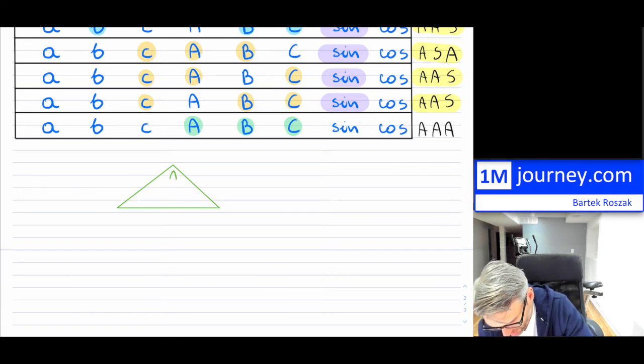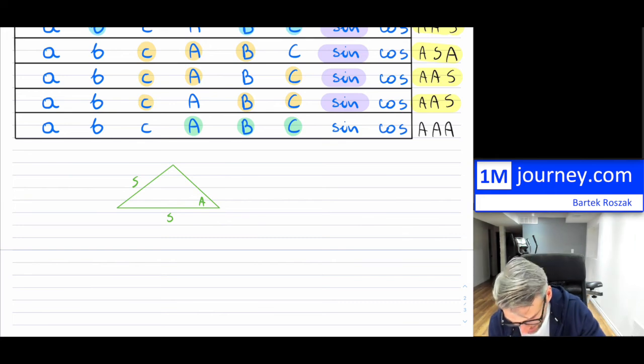So if this angle is given, then maybe this side and this side is given. Those are in consecutive ways, or maybe this side and this side is given. So that's angle, side, side. All right, so that's what you would have.